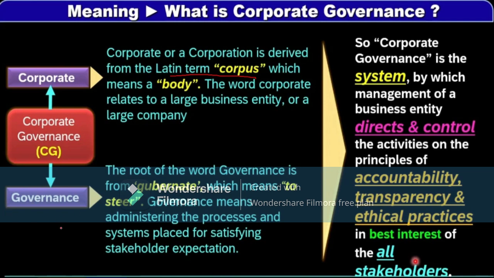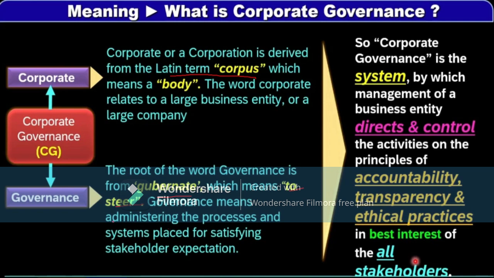And if we see governance, the root of the word governance is from gubernate, which means to steer. To steer means to administer. Here a large company is being administered.